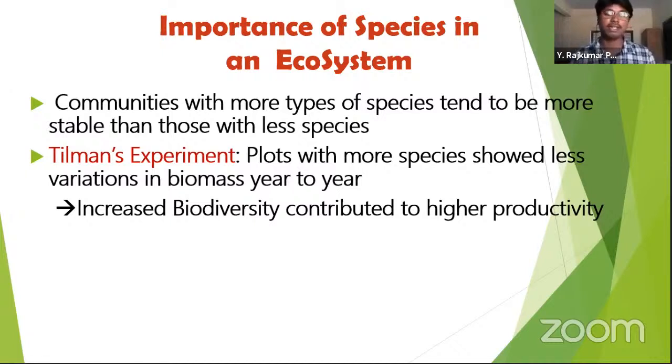Consumer means here the animals which depend on the plants. The number of animals also will be more. When the number of animals is more, the predator animals will also be more. That means the food chain will continue in a proper manner. That's what happens when there is high biodiversity. High biodiversity means nothing but containing more species.